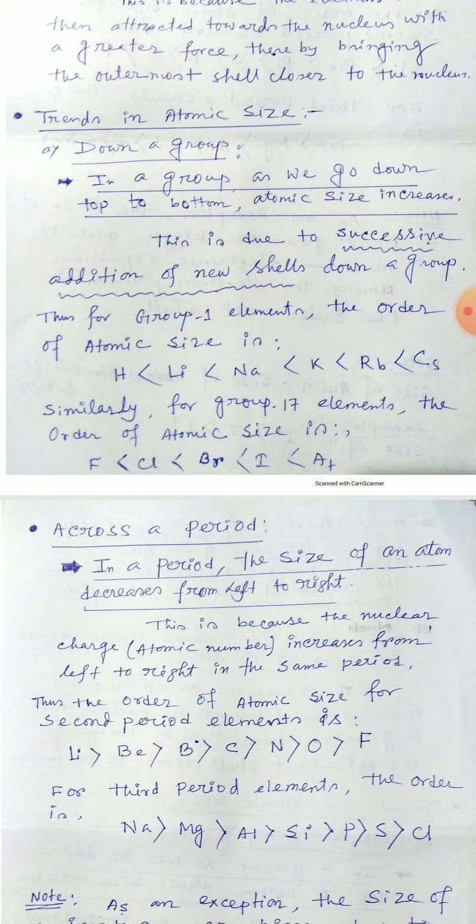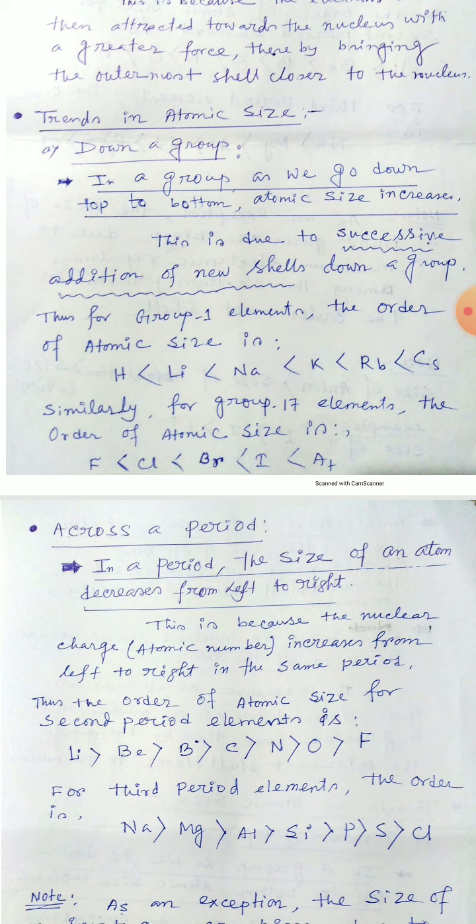If you go from top to bottom, you will see that the number of shells increases one by one. Therefore, the distance between the nucleus and the outermost shell increases, so atomic size increases. So on moving down any group, the atomic size increases. This is due to the successive addition of new shells down a group.